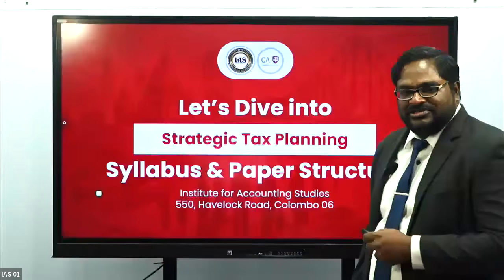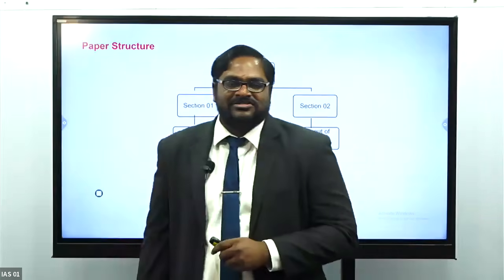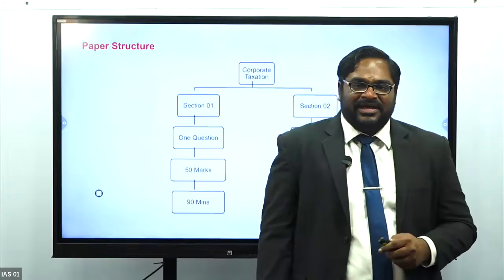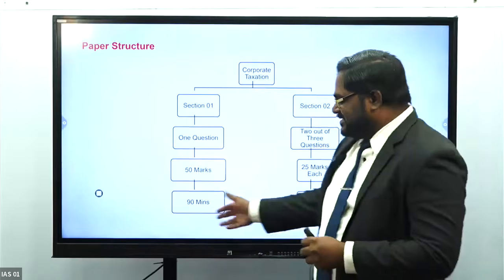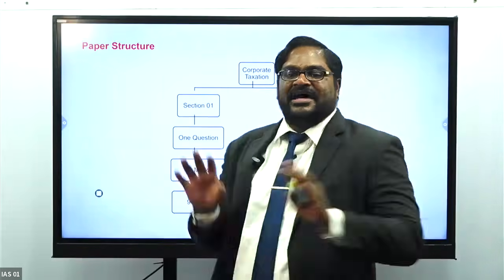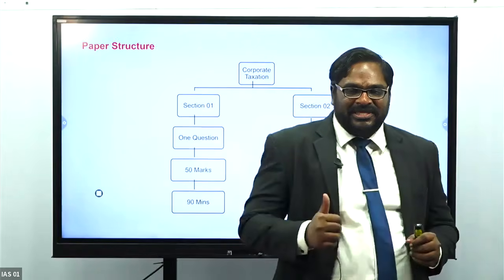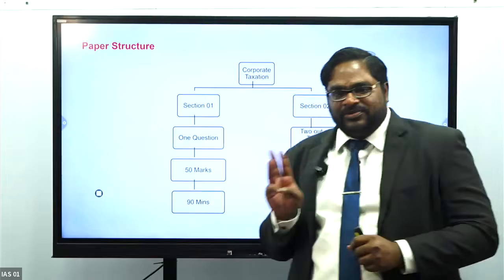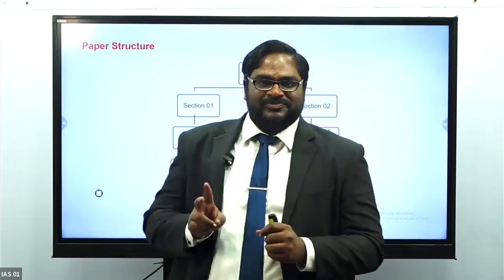Like most of the other lecturers have explained, the paper structure has also been changed. Now we are looking at options. You can see in section A, you have one giant question for 50 marks. And in section B, you have 3 questions, out of which you need to select 2.